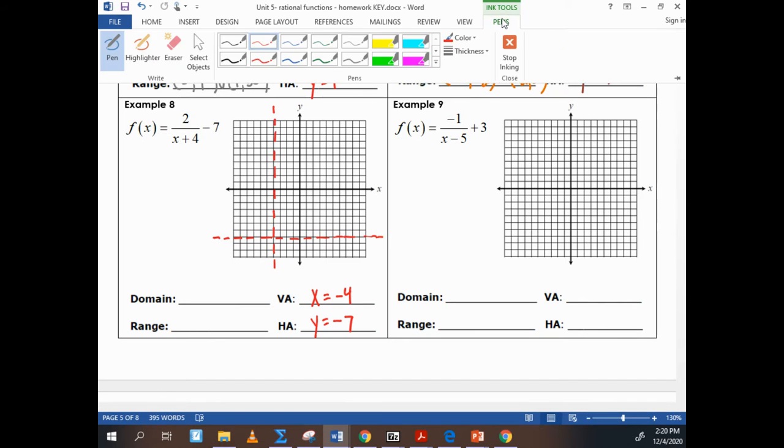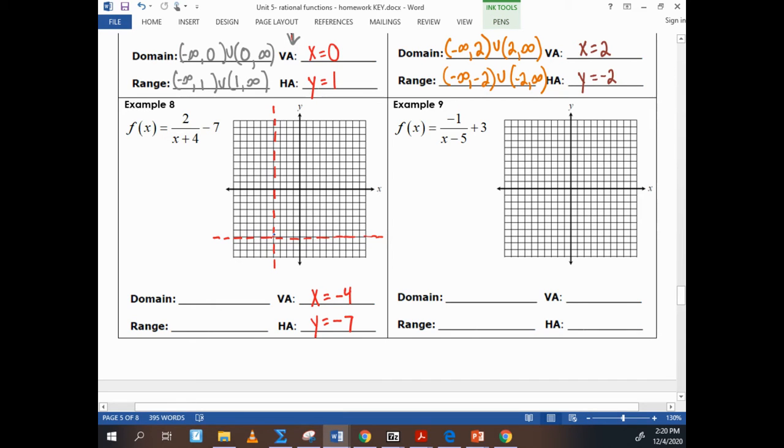All right, so we're going to really pretend that the intersection of these two asymptotes is like our origin was for the parent function. Okay, so we're just going to look at our a value. Now this a value is 2. That means our function here is stretched. It has a vertical stretch by a factor of 2.